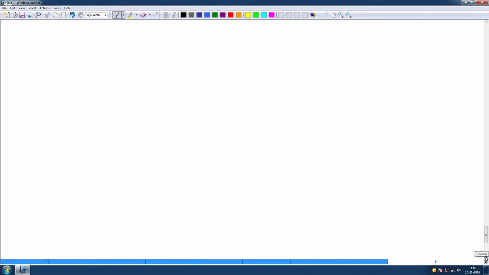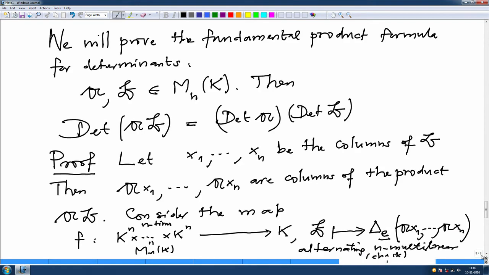So, therefore, this is by definition nothing but the determinant of A times B, because these are precisely the columns of A times B, and then this is the standard determinant function.